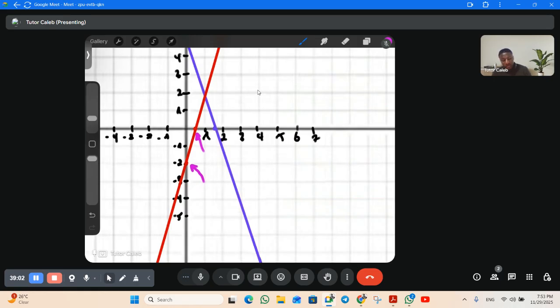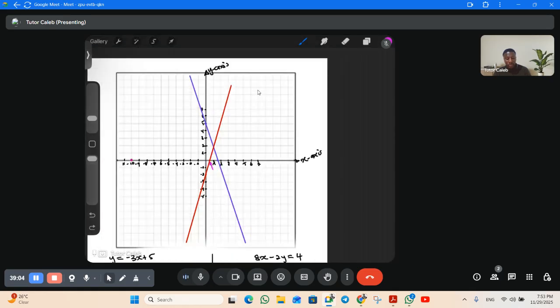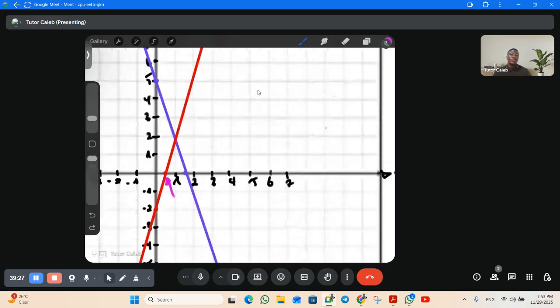Now, the question did not just ask you to plot 2 lines. It asks you to solve the system of equation. And solving a system of equation by graph means that the solution of the system will occur where the 2 lines meet. And we can see clearly that the 2 lines meet here. They meet where y equals 2 and where x equals 1.